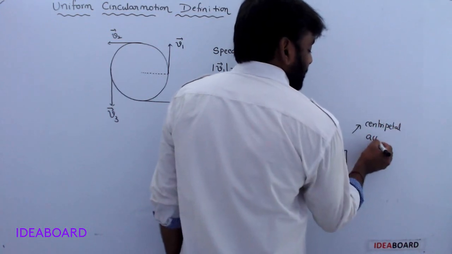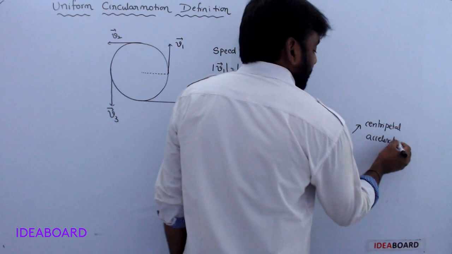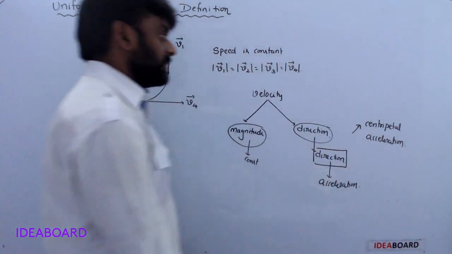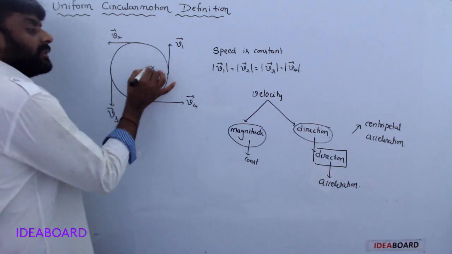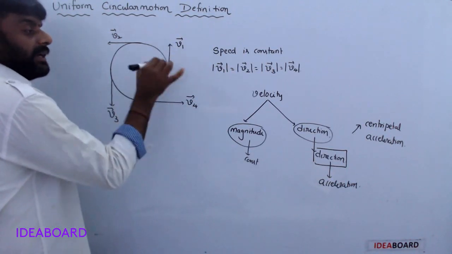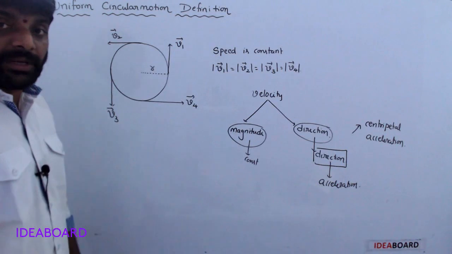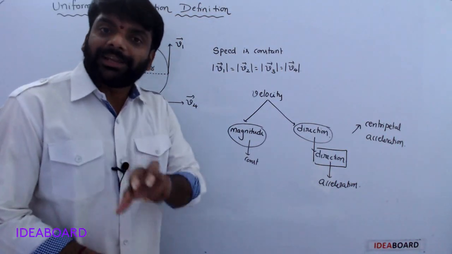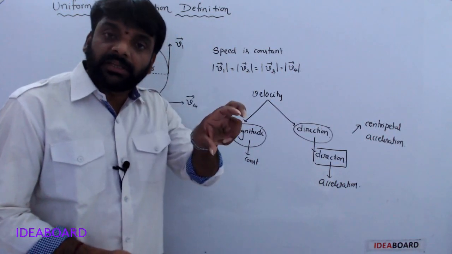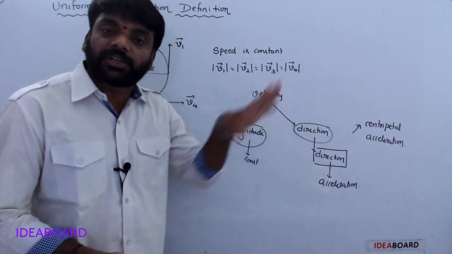That acceleration is nothing but centripetal acceleration. Once again, if the particle rotates in a circular path with a constant speed, that particle motion is uniform circular motion. Here uniform refers to the speed of the particle being constant.